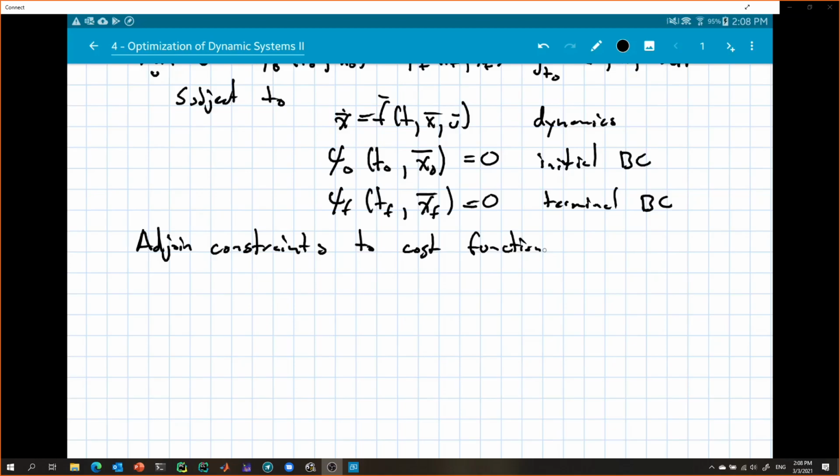So we have some new cost functional J prime, equal to the initial cost plus, and the Lagrange multipliers in this case are going to be nu naught, adjoined with psi naught of t naught and x naught.